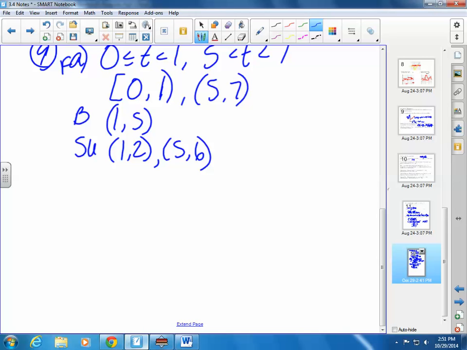Exactly what you said. When is it slowing down? From where to where? 0 to 1, 3 to 5, and 6 to 7.